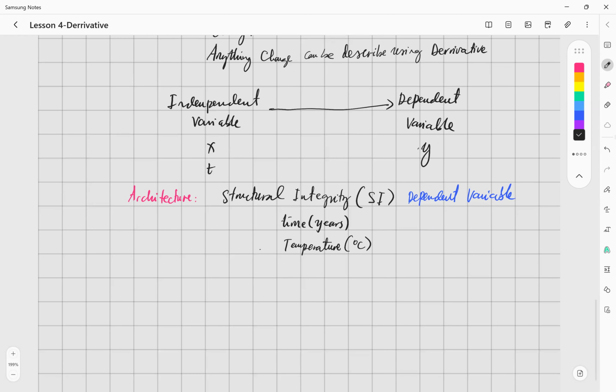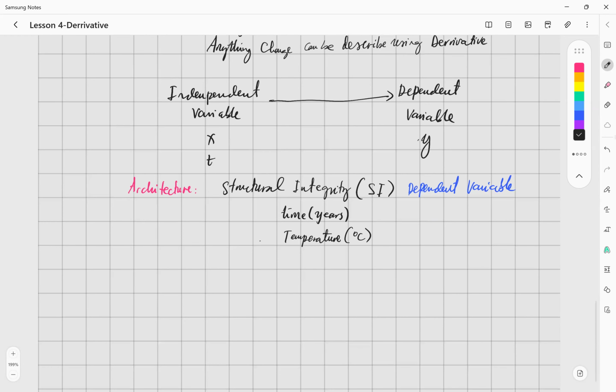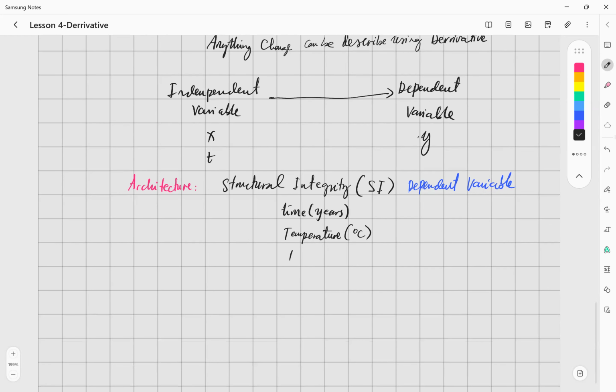Or humidity. What else? Wind speed or direction. Materials property, raw materials property.